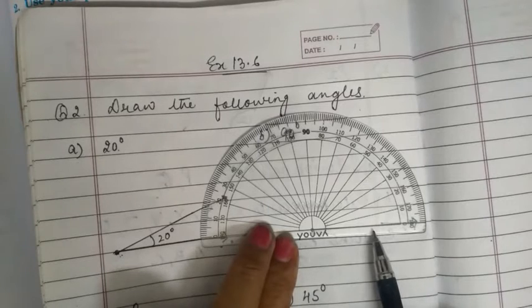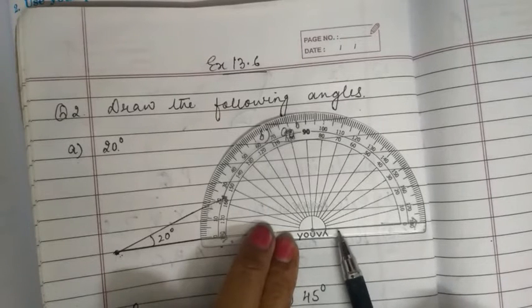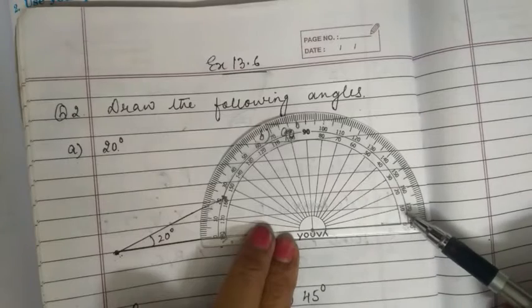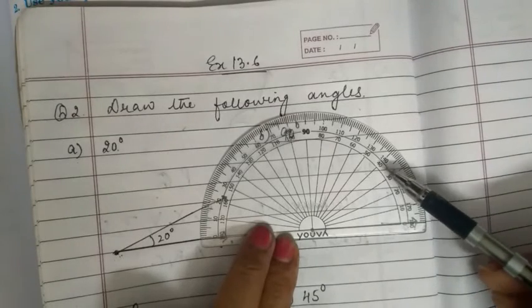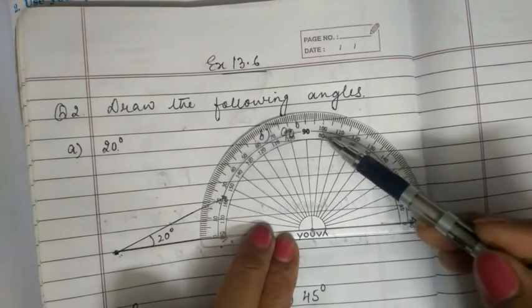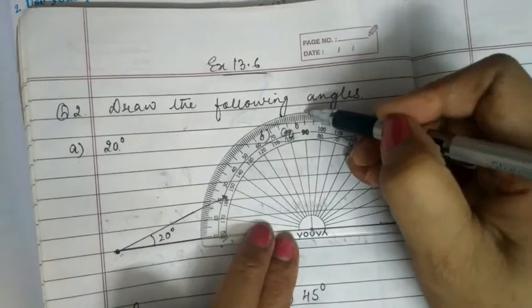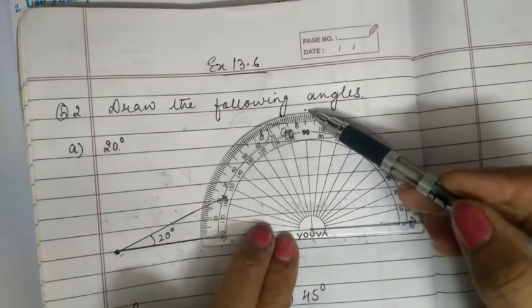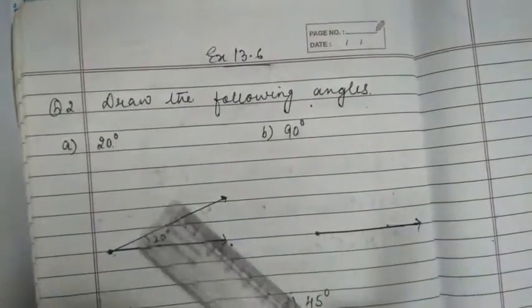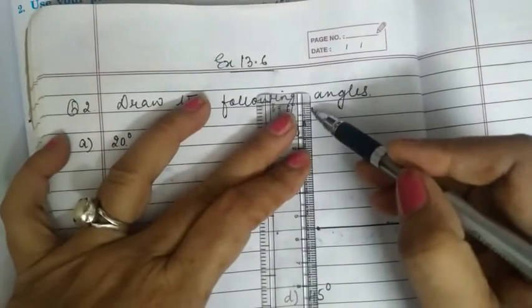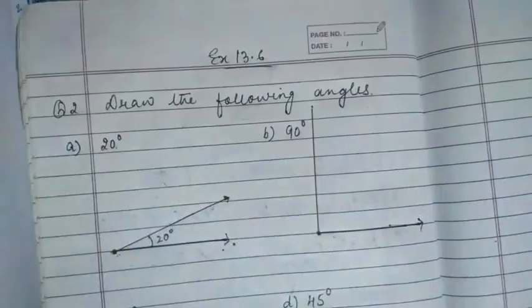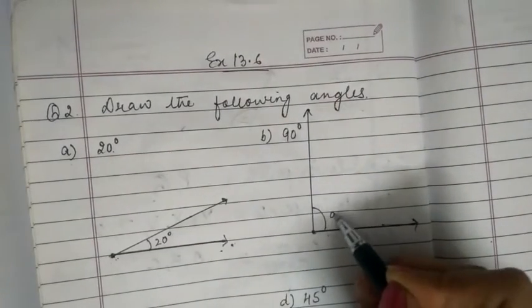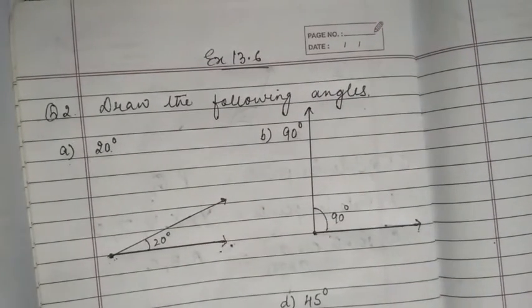Okay, this line is overlapping this line. Now count 0 from this side. 0, 10, 20, 30, 40, 50, 60, 70, 80 and this is 90. This is 90 degrees. Okay, now join both the points, this point with this point. Now this is your 90 degree angle.